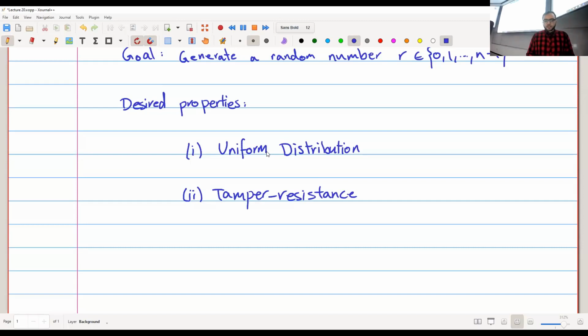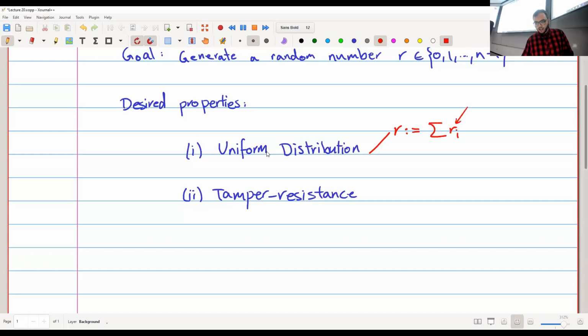Okay. So the guarantee that we had for uniform distribution was that even if one of my players is honest and is really giving me a random number that is generated from a uniform distribution, then the result will also have a uniform distribution. So this was a great thing, really. And the way we achieved it was, again, we just defined our R to be the XOR or the sum of all the R_i.